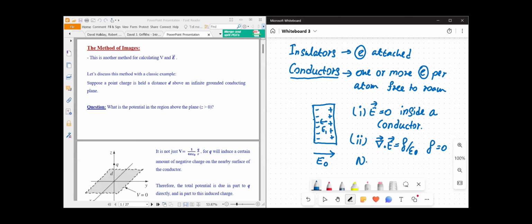So the second point: the net charge density in the interior is 0. There are charges, but they are balanced between positive and negative, so the net charge density is 0.